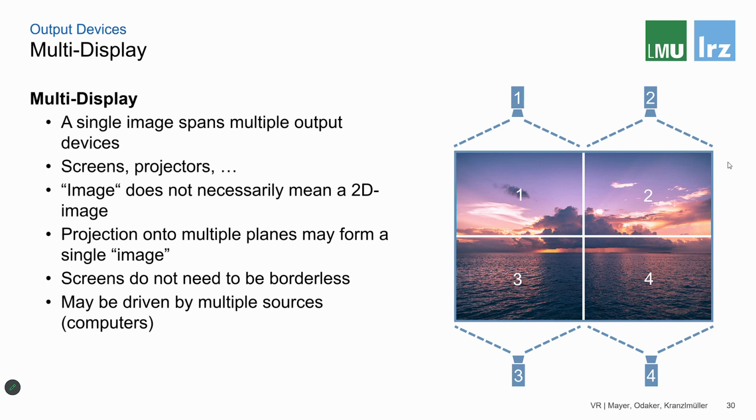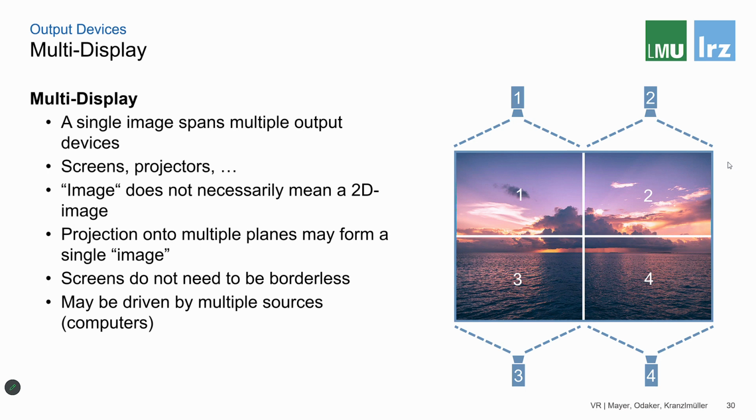And the image is not necessarily just one 2D thing. So it's not necessarily a single plane. In a cave, for example, you have the displays at an angle. It still displays a single image covering all the output devices. It's just important that one continuous image is displayed over these devices.